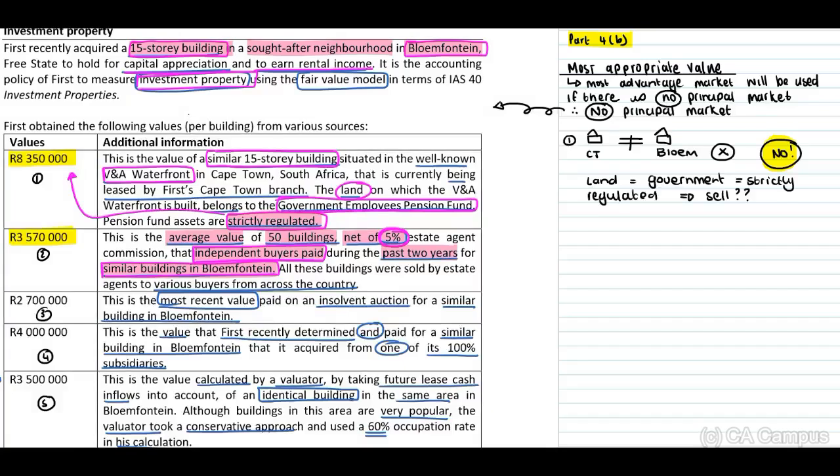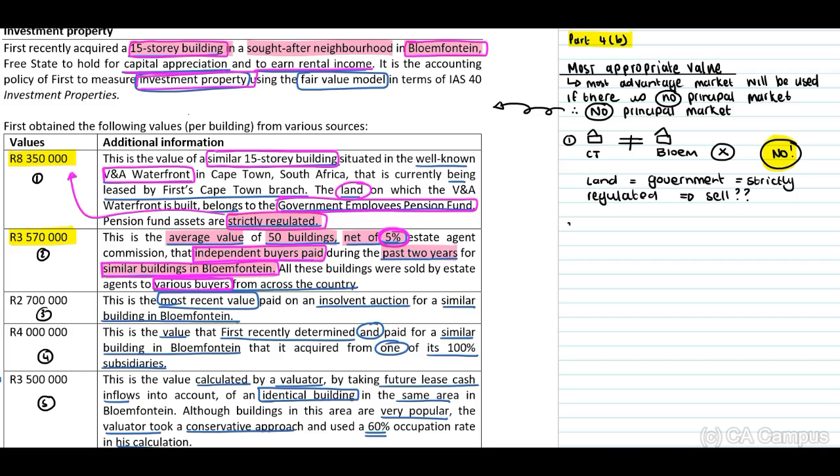Therefore, they indicate to us all these buildings were sold by estate agents to various buyers from across the country. Therefore, this value, and remember, we will have to take out the value in terms of the estate agent's commission.